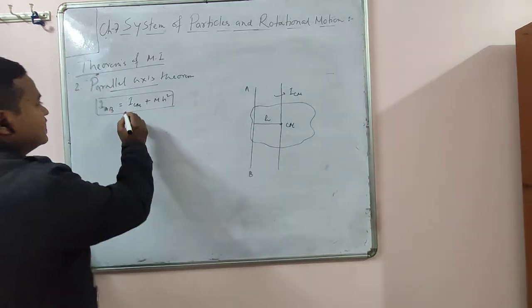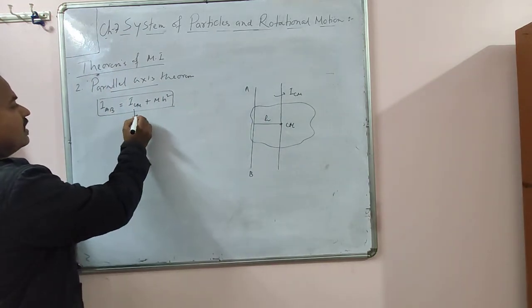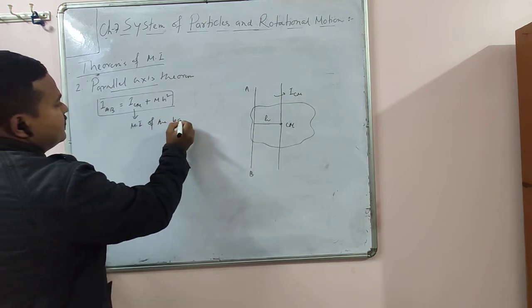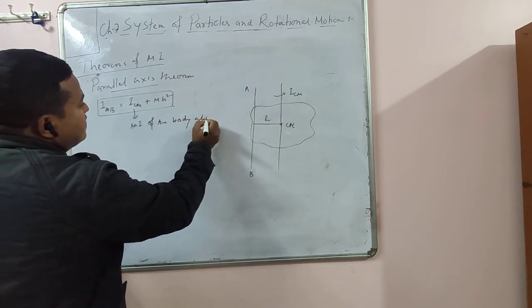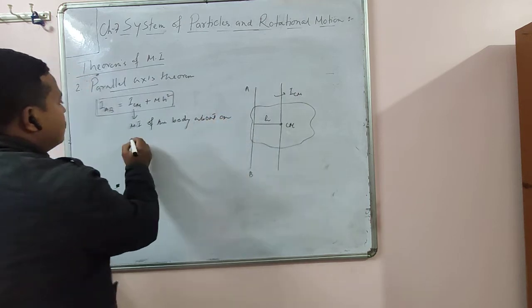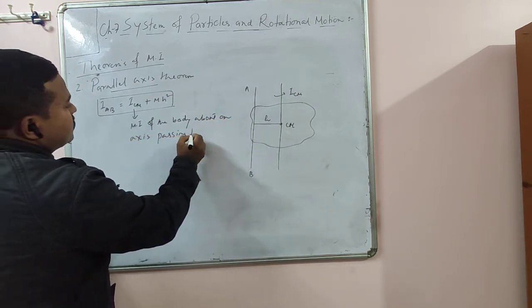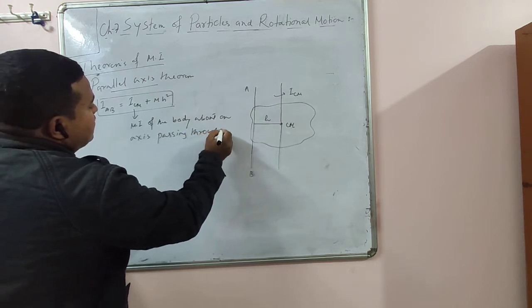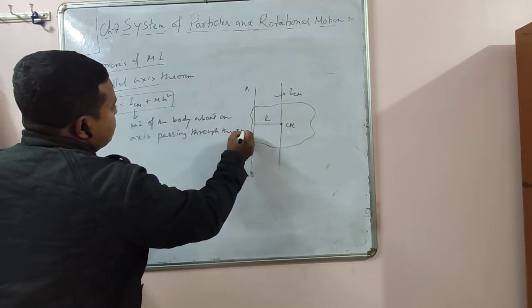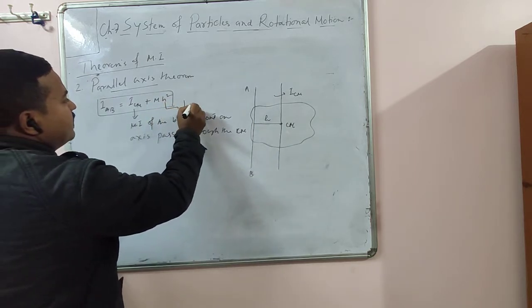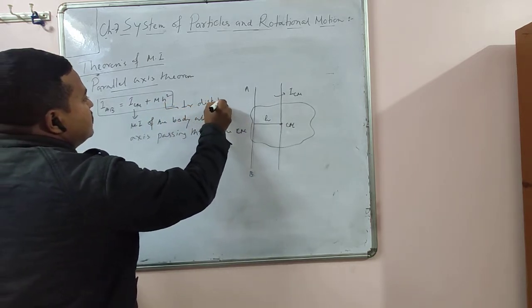So here, what is I_CM? It is the moment of inertia of the body about an axis passing through the center of mass. And h is the perpendicular distance between the two axes.